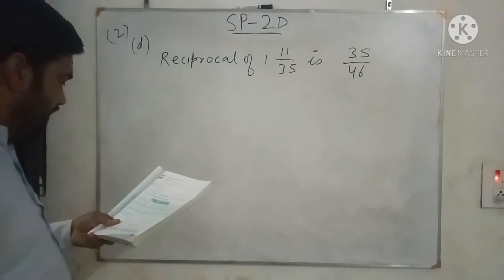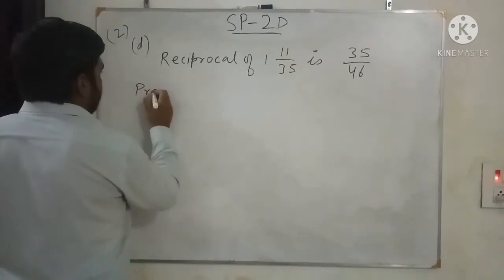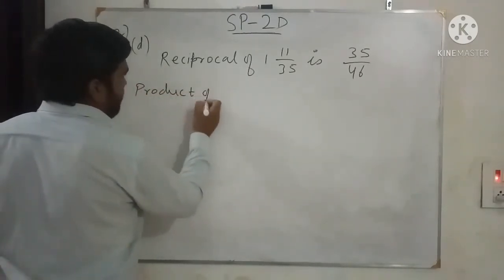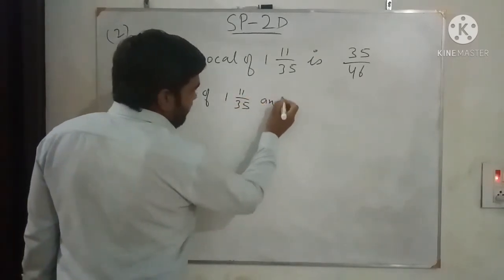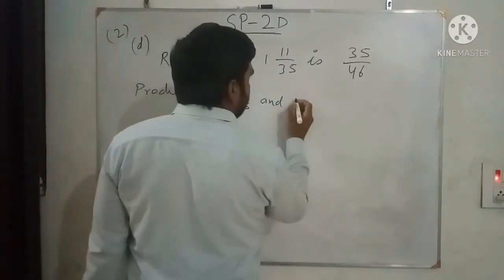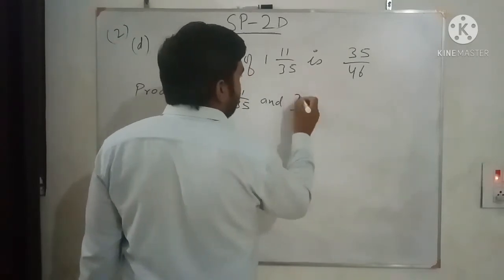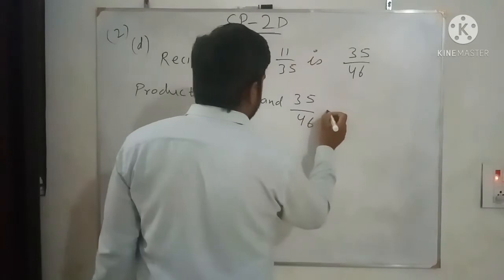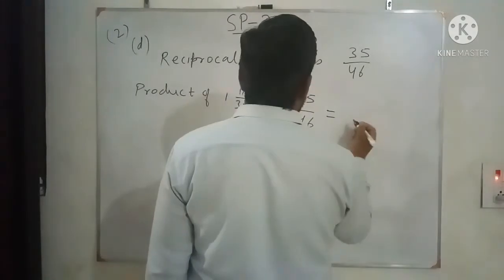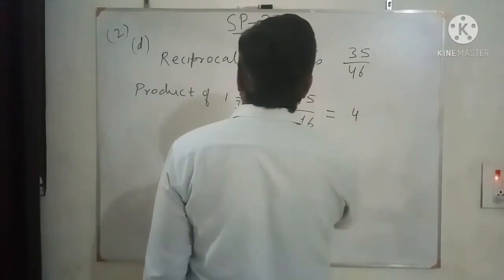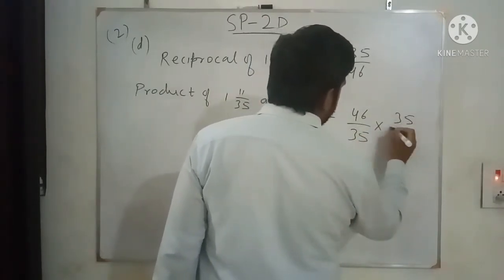Now we have to find its product: the product of 1 11/35 and its reciprocal, 35 by 46. 46 by 35 multiplied by 35 by 46.